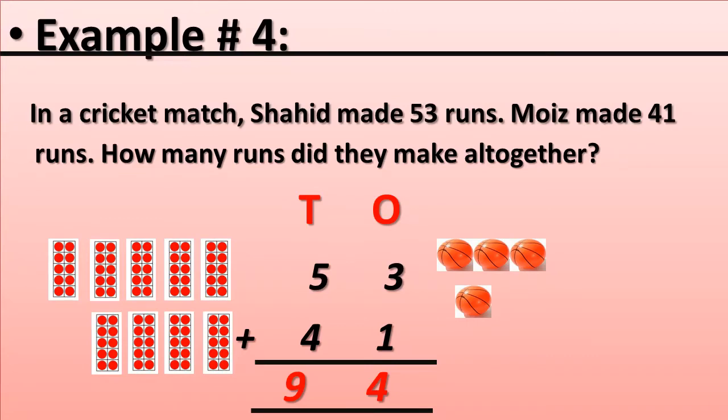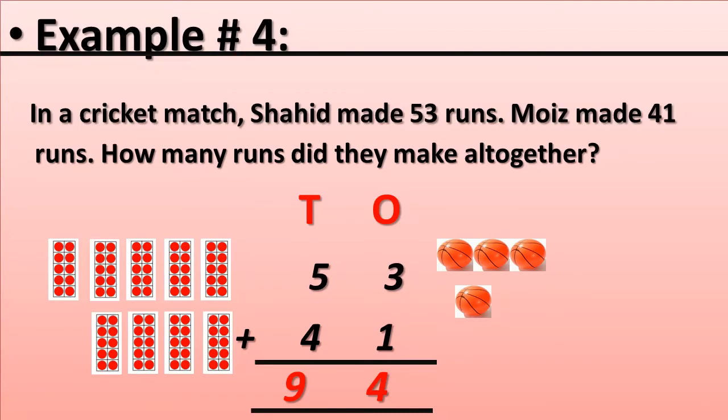Here we will find out the total runs that Shahid and Moise made. Now tell me how many runs Shahid made? Yes, 53. So here we will write 53, which means 5 tens, 3 ones.